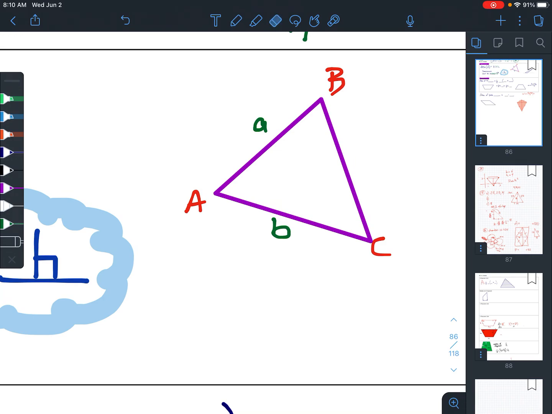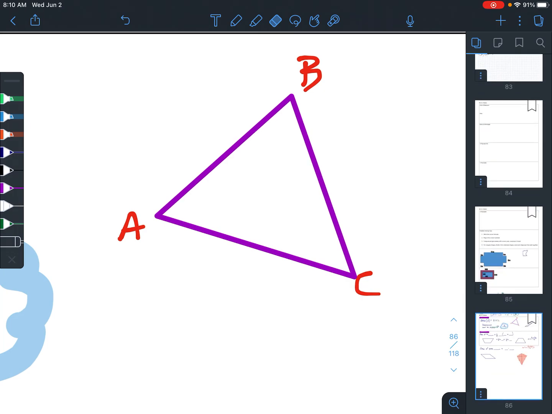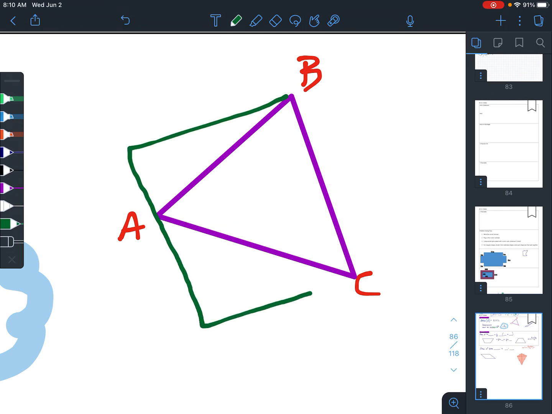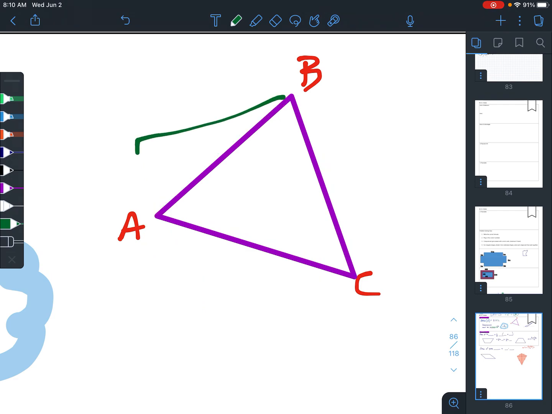But, all right, so conceptually, why is this 1/2 base times height? Can you see the rectangle that this shape fits in? Well, there's a lot of ways to draw this out. I'm going to draw it out, I think, like this. That didn't work out so well.